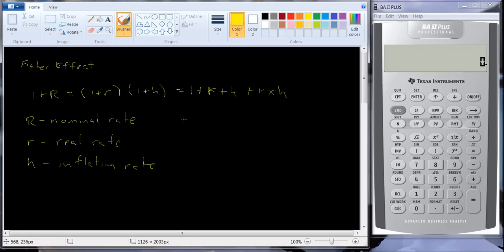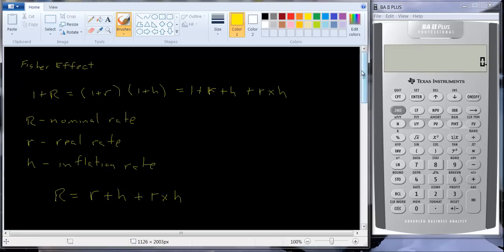Right? And if you subtract 1 from both sides, you get that R equals the real rate plus the inflation rate plus this term that's multiplied together, r times h.